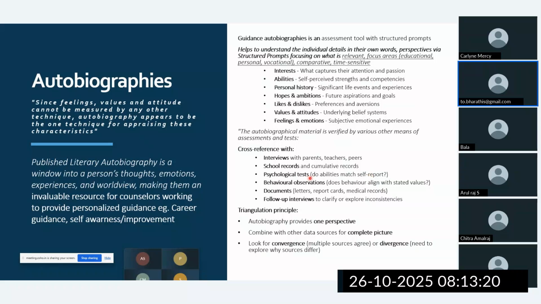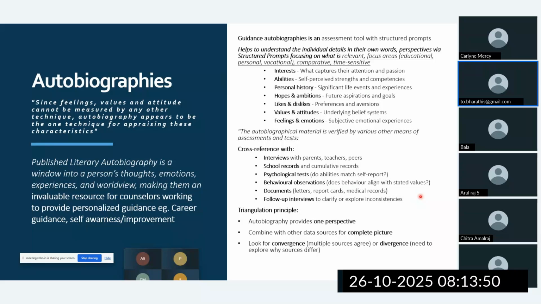As I was saying earlier, this alone cannot help us make an inference to move further to an intervention plan. It has to be combined with other tools, and we also need to cross-validate. For example, someone may say, I really do studies really well, whereas when you compare the school records and performance records, it is probably not reflecting that. The kid may not always tell the truth, right?